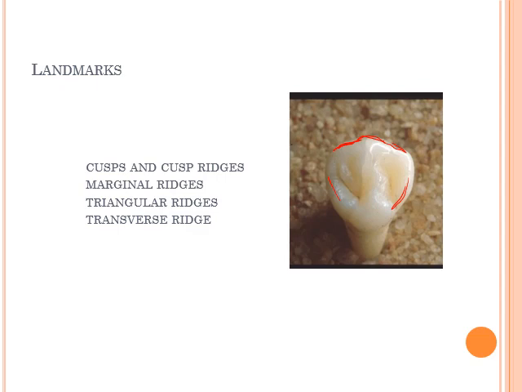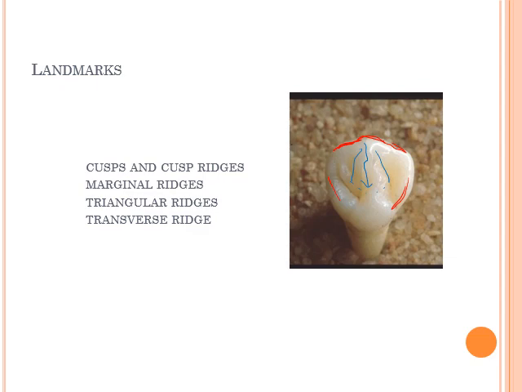On this image, we can also see a triangular and transverse ridge, with the triangular ridge of the buccal cusp descending from the cusp tip down towards the center of the occlusal surface. The slopes of each side of this ridge are inclined and resemble the two sides of a triangle. So that's how we get the name triangular ridge.